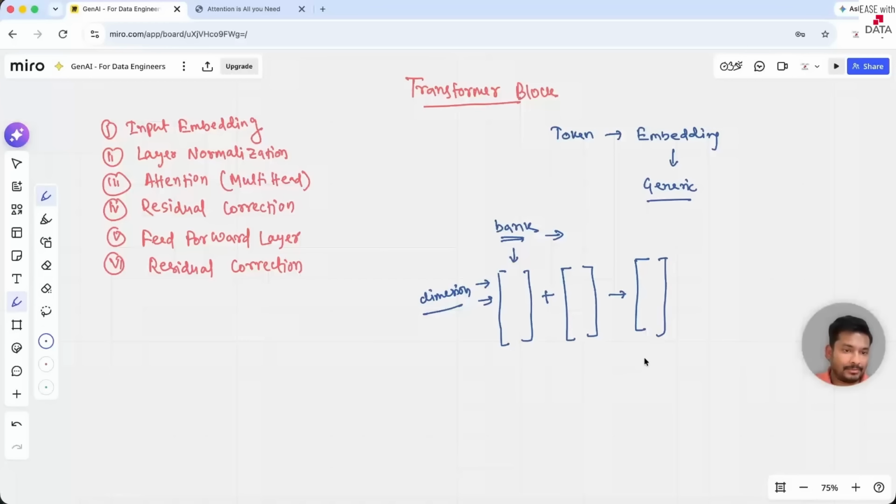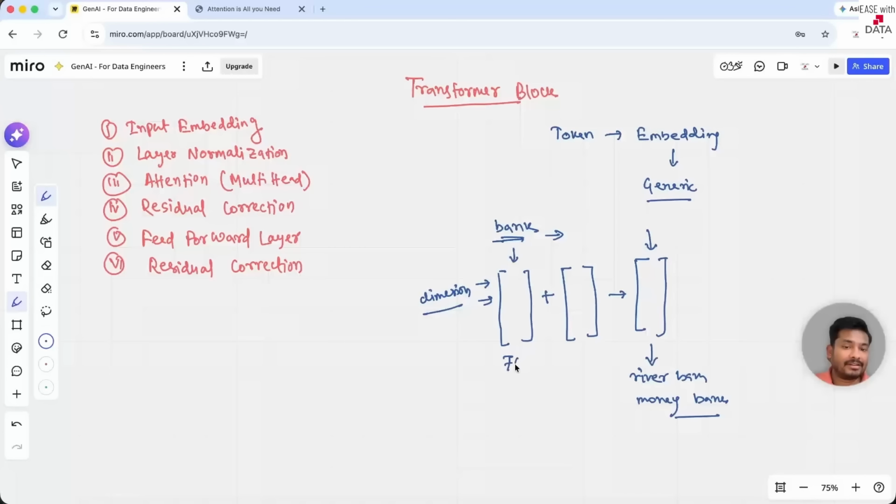So what does it mean? It means this bank would now be either river bank or money bank based on the statement or the context we provide. So this bank might be pointing in some direction in the dimensional space. After putting it into the transformer and making it rich, the embeddings would change, but remember the dimensions would still remain the same.